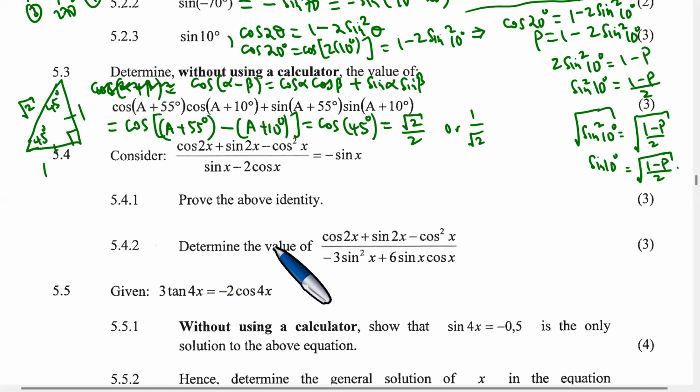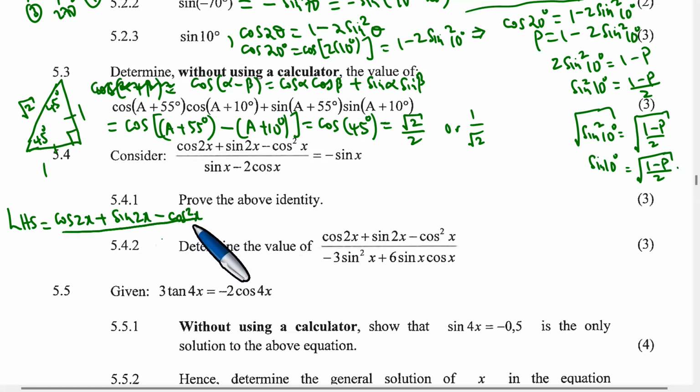You take one side of this. I'm going to take the left-hand side. The left-hand side is all this: cosine 2x plus the sine of 2x, cosine squared, divide everything by sine x minus 2 cosine x.